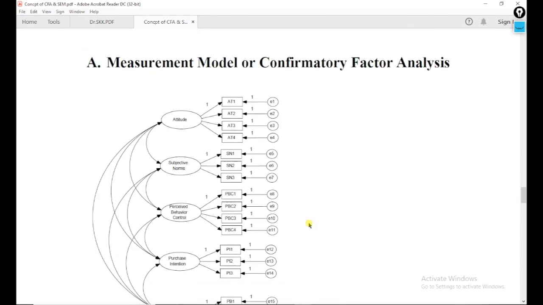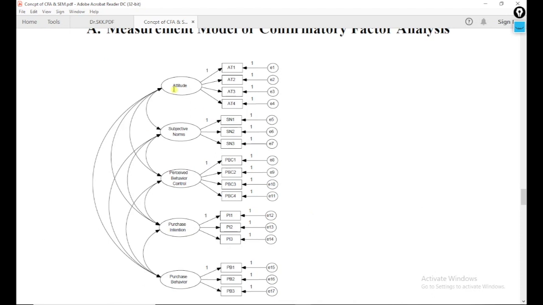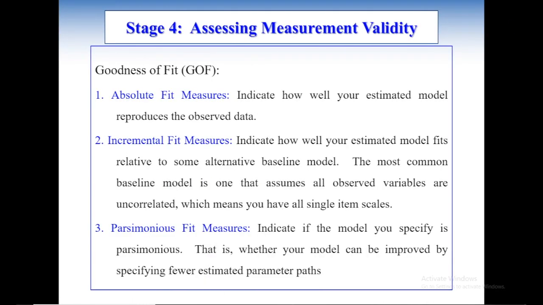First of all we will find the validity of the model through this confirmatory factor analysis. We will specify this model, and here you can see four things: the absolute fit measures, goodness of fit. We find the goodness of fit of the model, whether my model is fit or not.